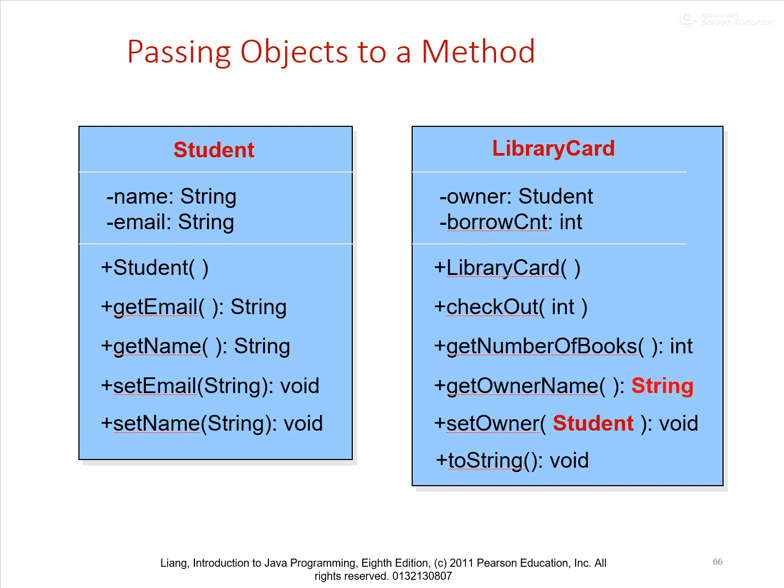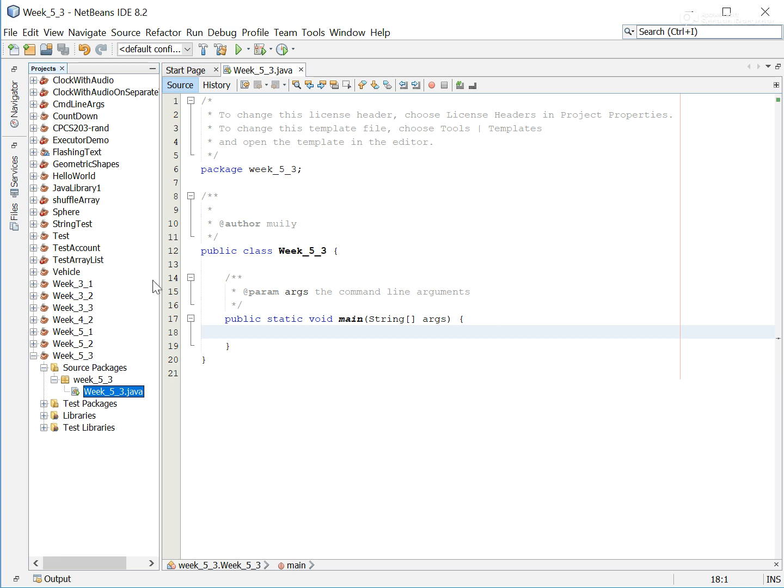But classes can also contain objects of other classes as member variables. And that is basically what the next example that I'm going to walk you through today is going to demonstrate.